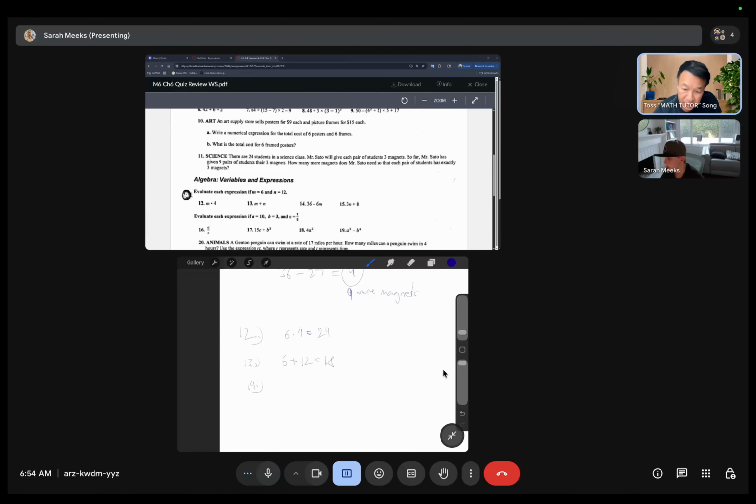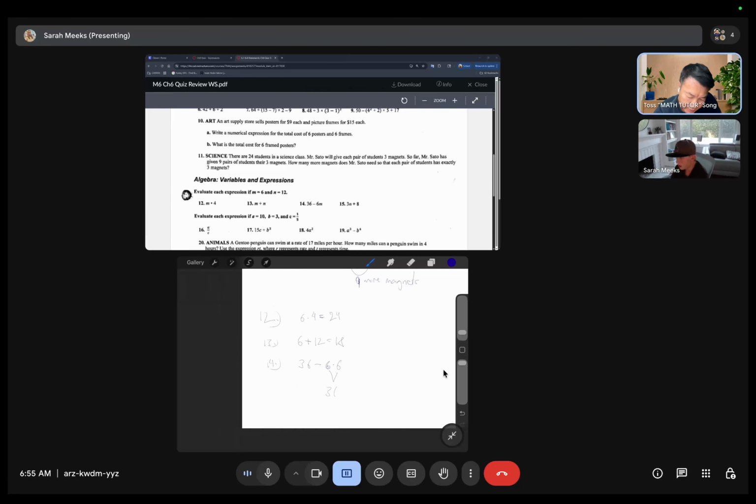14. 36 minus 6m. So 6 times m. So 6 times 6. Order of operations says, hey, don't add or subtract until you multiply or divide. So you've got to do this one first. So it becomes 36 here, right in the back, and then copy everything else in the front, including the sign, exactly where they are. So the answer is 0 for 14. Careful.